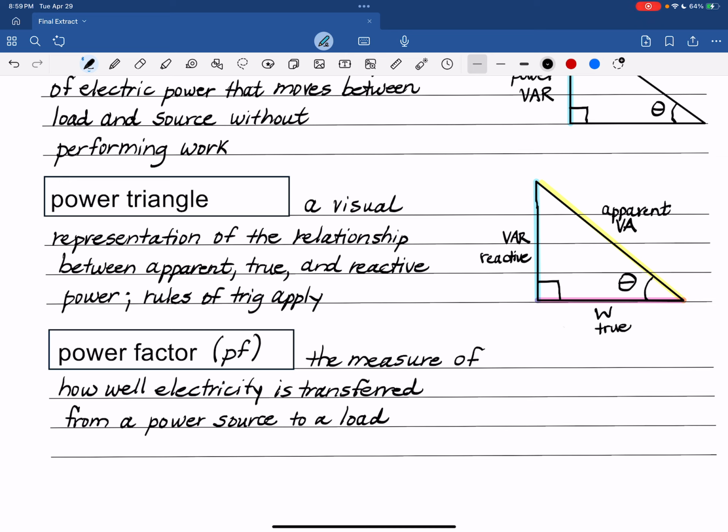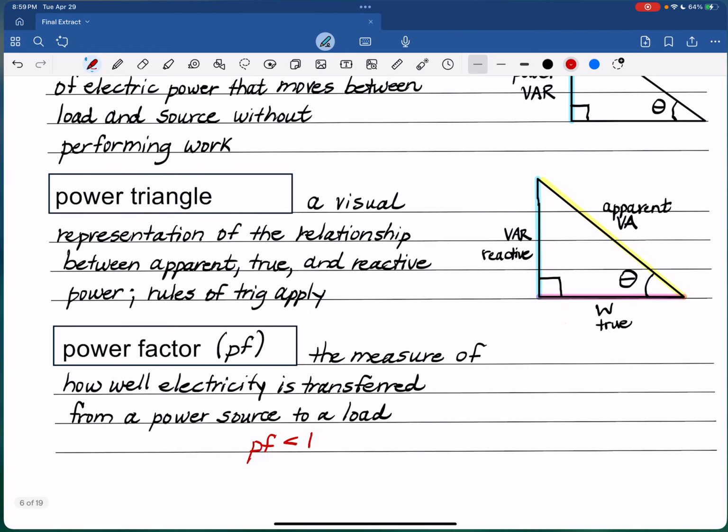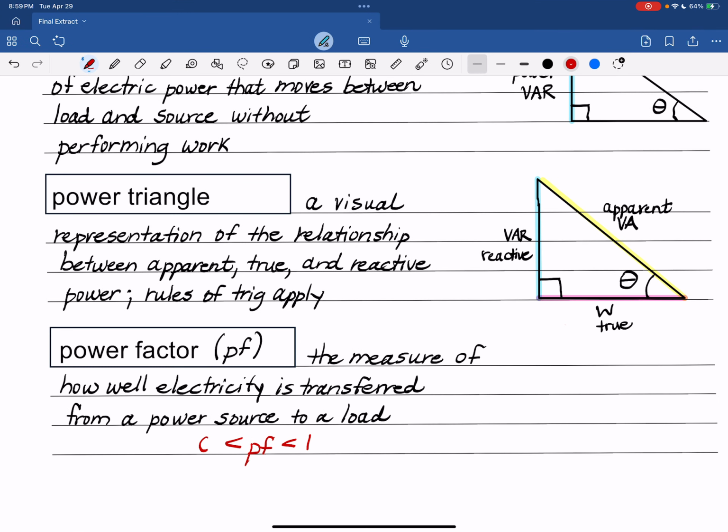And there are a few facts that I need to tell you about power factor. Let me change color here. Power factor is always less than 1, but greater than 0. So it's going to be a decimal between 0 and 1. Sorry about that. I have an alarm that went off. Power factor is always between 0 and 1.